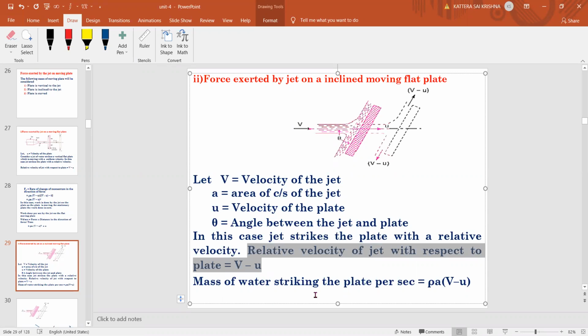So the mass of water striking the plate per second becomes, as we already know, rho a into v. Here, initial velocity is v minus u for the jet striking the plate, so the mass flow rate becomes rho a into v minus u.